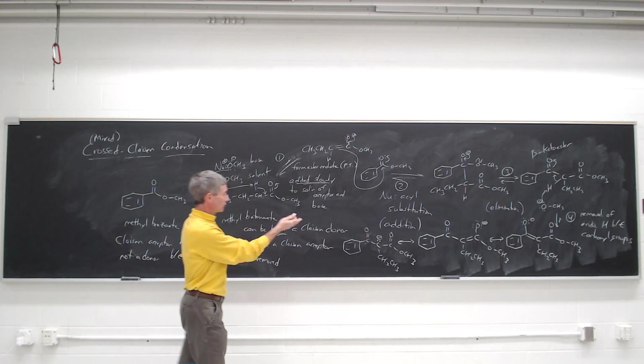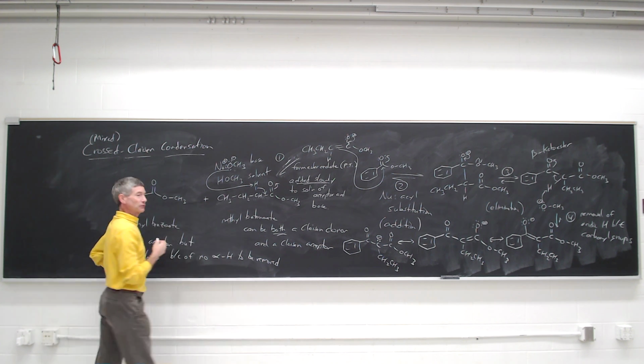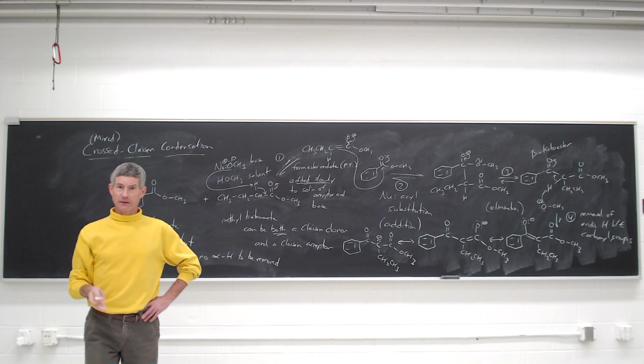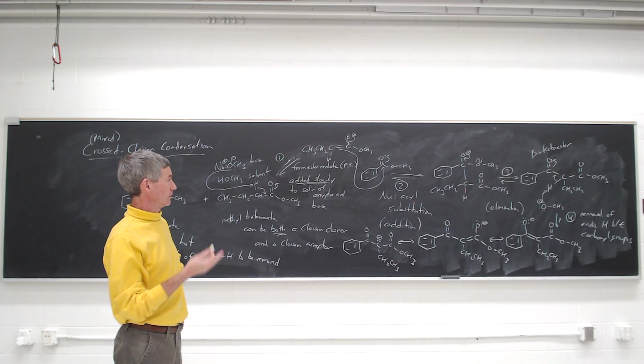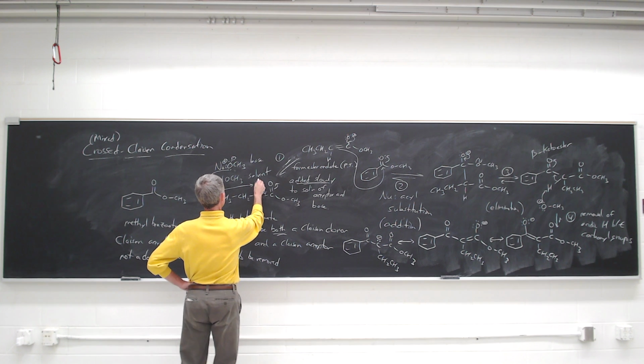And the ability to form these 3 resonance structures instead of just the 2 resonance structures of the initial ester enolate is the reason for the lower pKa of 11 as opposed to the pKa of 25 that we had in our original ester.